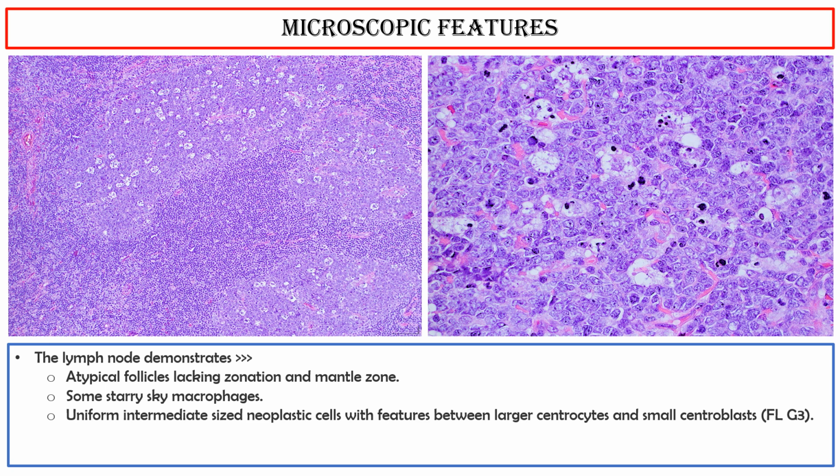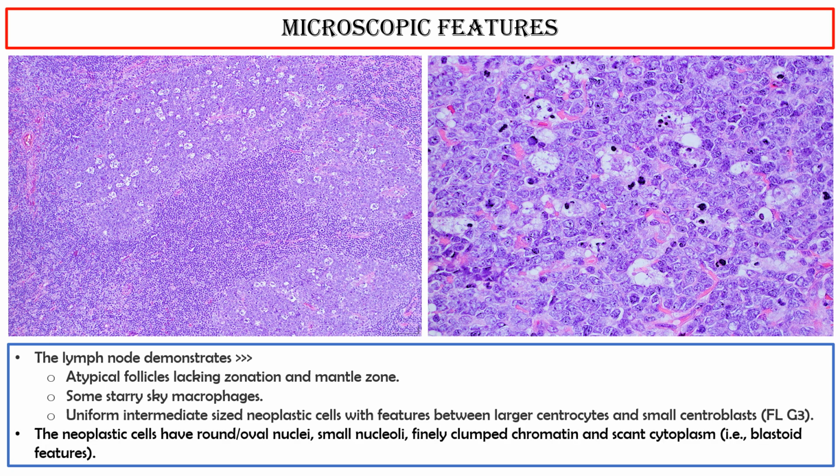Follicular lymphoma grade 3. The neoplastic cells have round oval nuclei, small nucleoli, finely clumped chromatin, and scant cytoplasm. That is blastoid features.